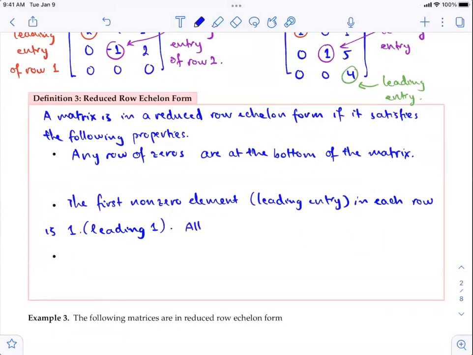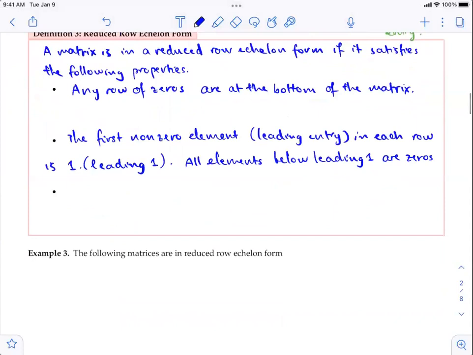And one more condition for this property is that all elements below and above the leading 1 are 0.